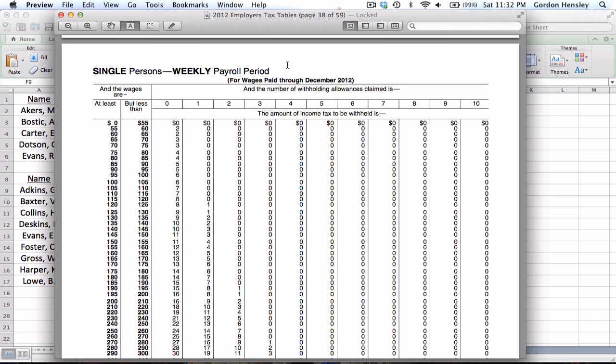Now, the way these tables are set up, some of them are for single, some for married, some of them are for different pay periods, and also we have levels of income with a lower amount and a higher amount, and then we have a horizontal area here with different numbers of withholding allowances. So that's how these tables are set up, but there are many different ones.